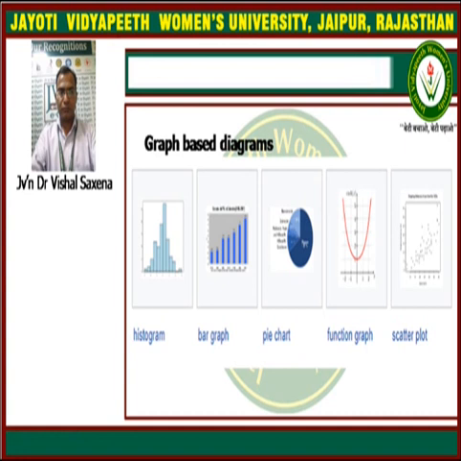A scatter plot is an important part of correlation and regression, and it shows various points on the graph paper. These points combined give some information, like the points lie along a curve or along a straight line. Such points are said to be a scatter plot.